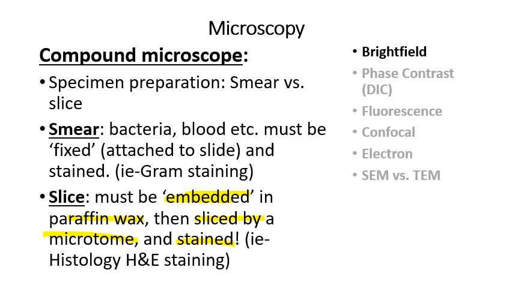This is common for the science of histology. The science of histology is looking at tissues like skin and liver cells, and cutting up the liver and looking at a slice of the liver, cutting up a kidney and looking at a slice of a kidney. So you embed the things in paraffin wax. That's to avoid having the tissue collapse when you cut it with the microtome, and then you stain it.